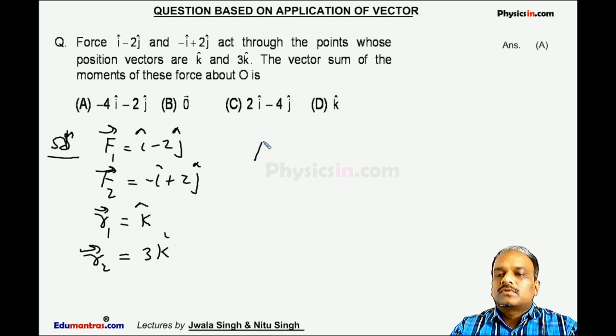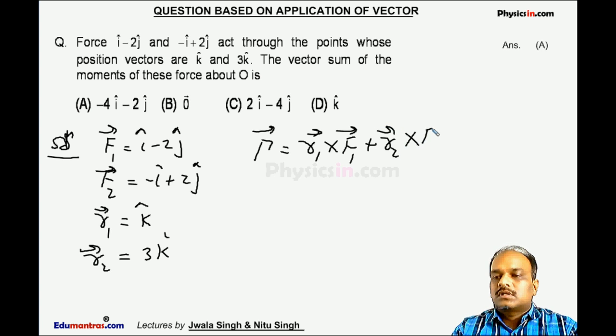The moment of the force is given by R cross F. So the total moment is R1 cross F1 plus R2 cross F2.